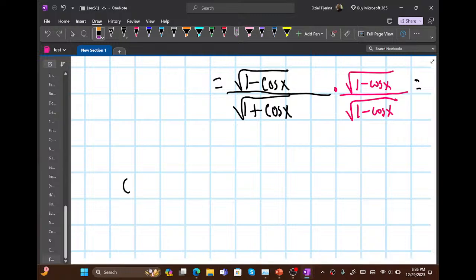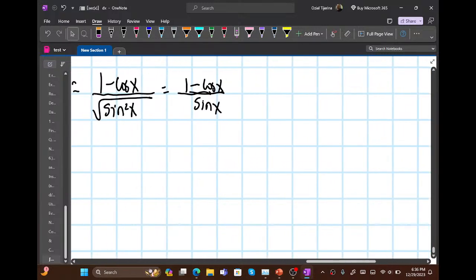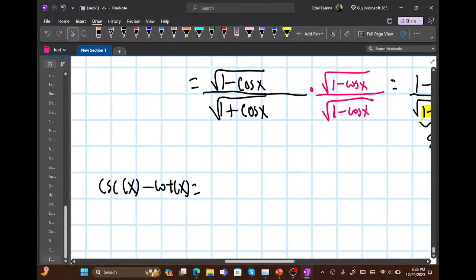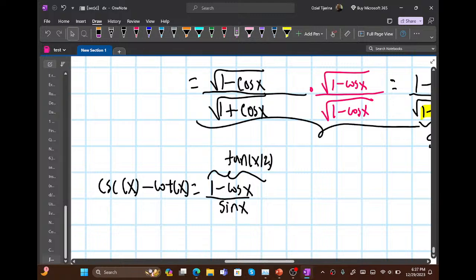So cosecant of x minus cotangent of x is equal to 1 minus cosine x over sine x. And this is the exact same thing as tangent of x over 2 because of this entire thing here.